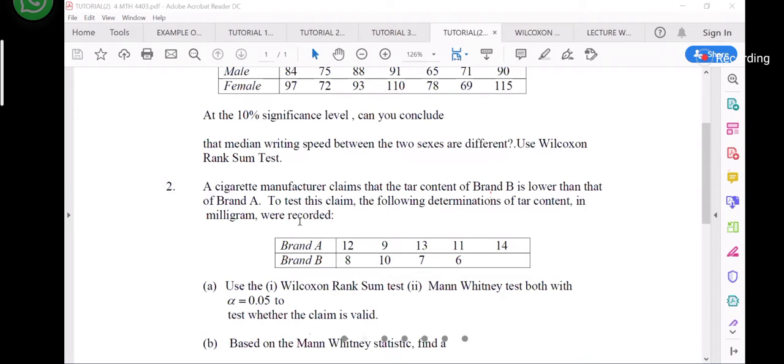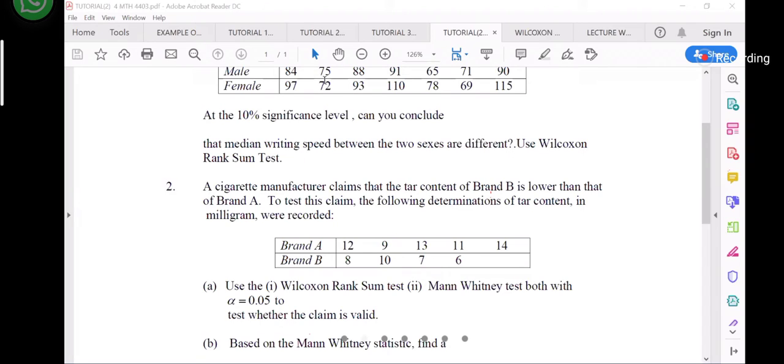But here, since I want to conclude whether the tar content of brand A is lower than that of brand B, I have to specifically write that brand B is lower. So meaning that the median of B is lower.